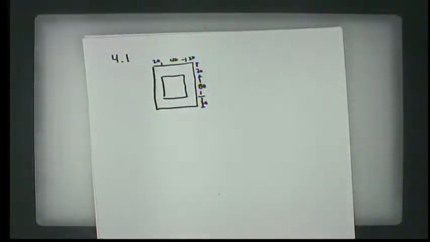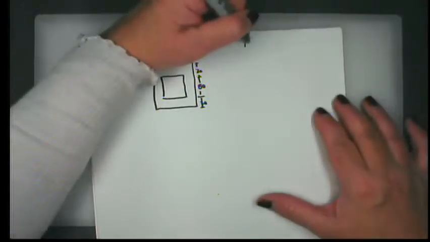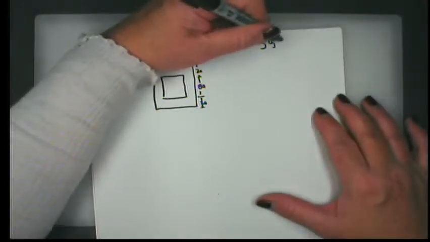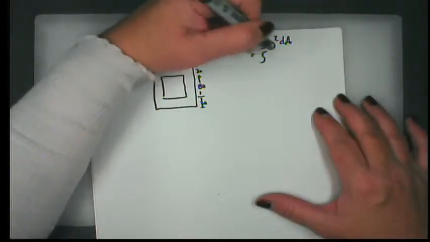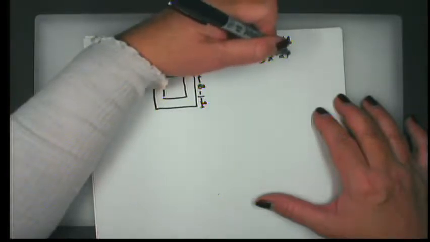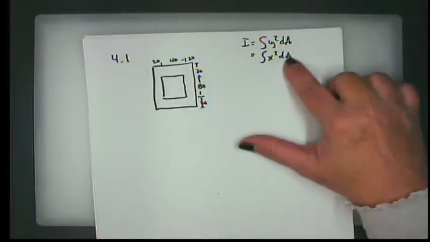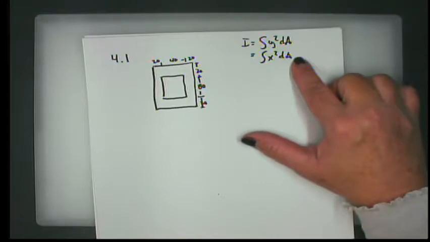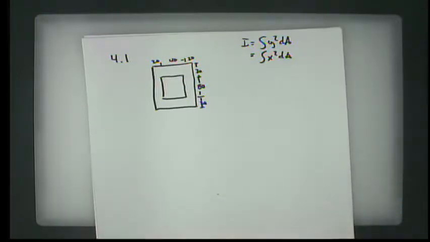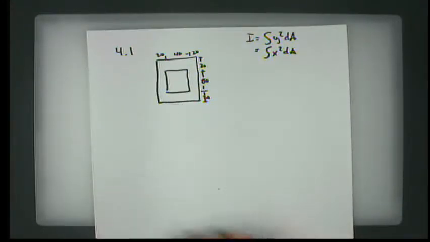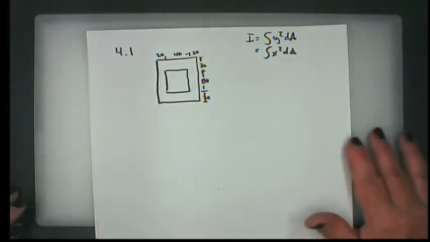The actual form of a moment of inertia is the integral of y squared dA, or on the other axis, x squared dA. And we're not going to deal with these integral forms. The most that we'll do is add things together to do a summation. But on something like this, we can compute it quite a bunch easier.